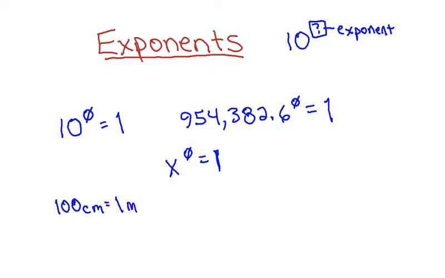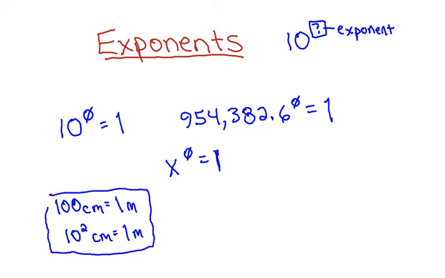So metric exponents are all based on the power of 10. So that would be 10 to the 2 centimeters is going to equal 1 meter. And if this confuses you, don't worry, because I'll go into this in more detail in a minute.